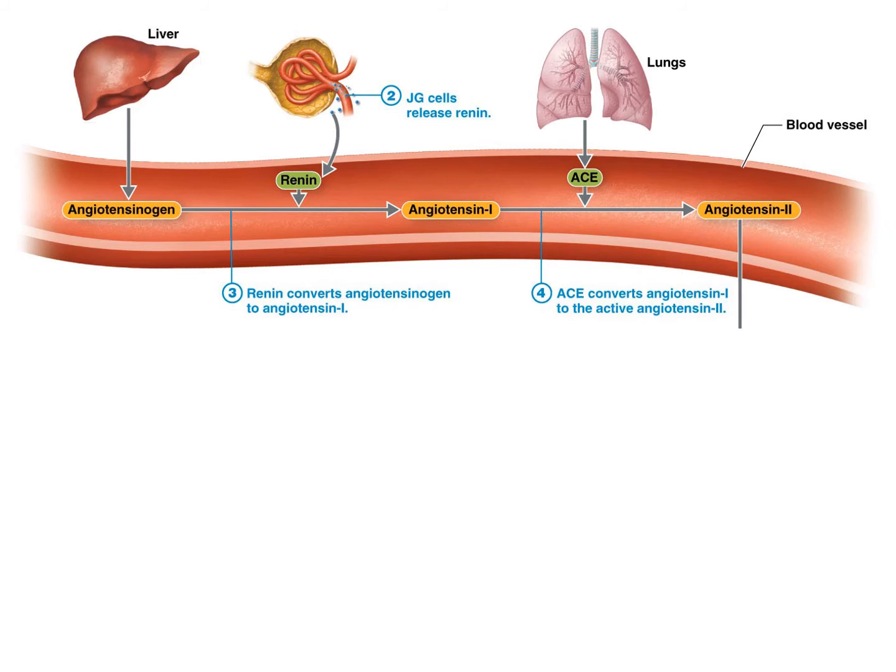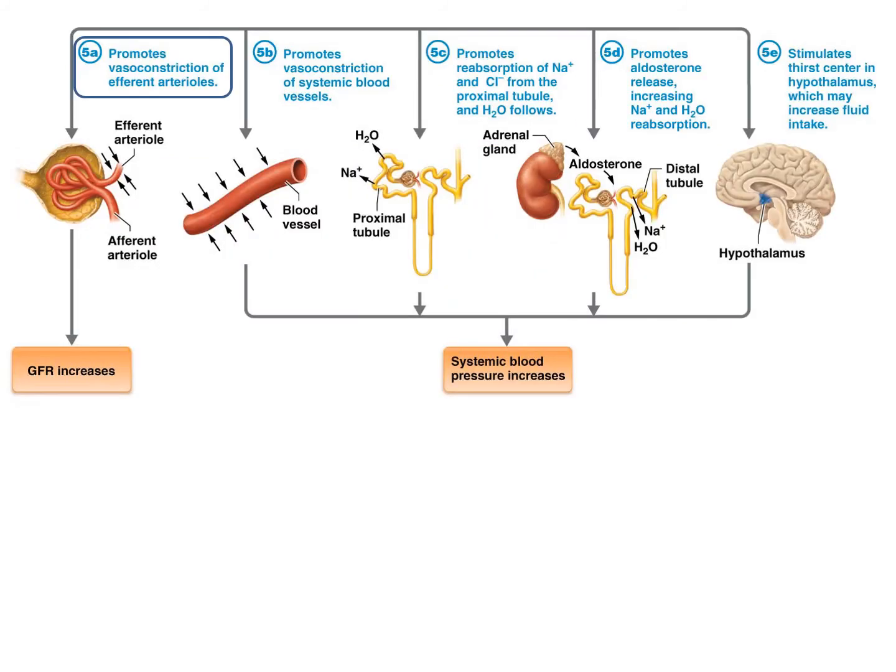The liver produces the inactive angiotensinogen into the blood, the juxtaglomerular cells produce renin, the enzyme which converts angiotensinogen to angiotensin I. The lungs produce angiotensin converting enzyme, which will convert angiotensin I to the active angiotensin II. So this is a great homeostatic mechanism because it involves the cardiovascular system, the respiratory system, the liver, as well as the urinary system, for a common goal of the human body.